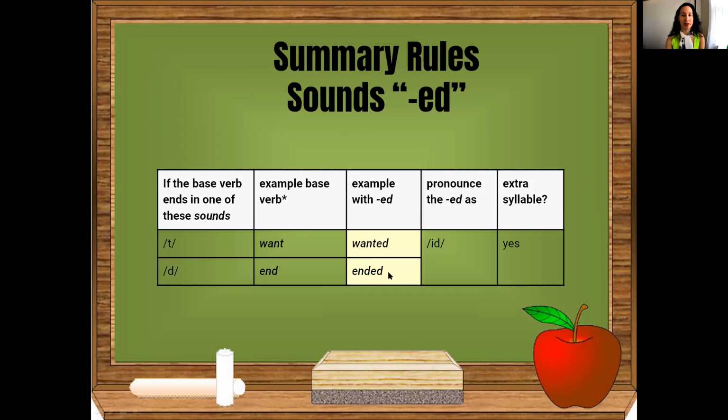So there's an extra syllable. Does everyone remember what the syllables are? 2 sounds. So the sound of want and then id, wanted, okay? That's an extra syllable because this is 1 syllable and now this is 2 syllables with the ed sound, okay?